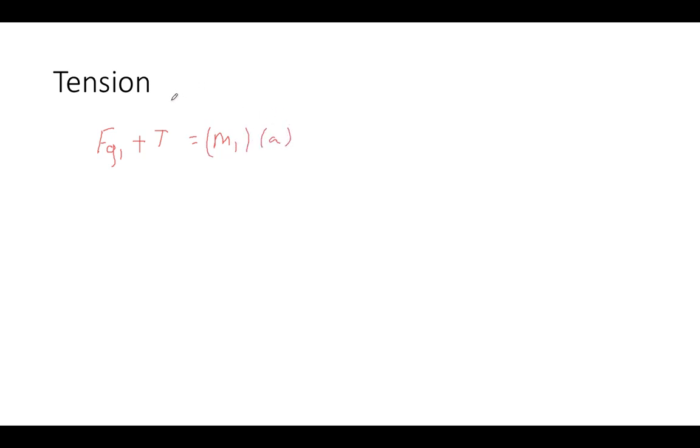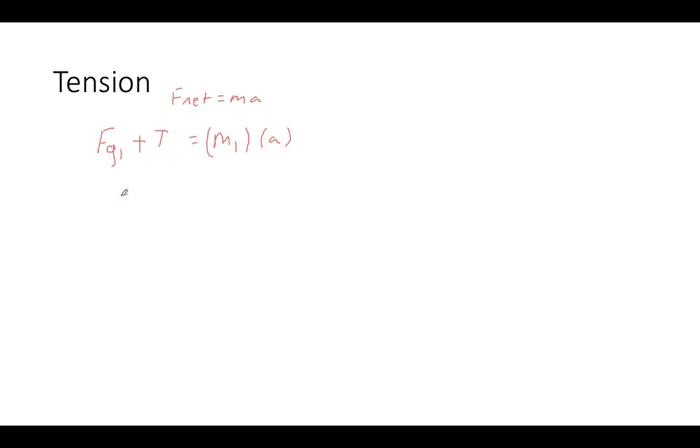This is just Newton's second law, F net equals ma. So we're just isolating one of the masses. You can isolate the 5 kilogram mass and you would get the same tension force, but it would be a little bit easier to just use the 6 kilogram mass.